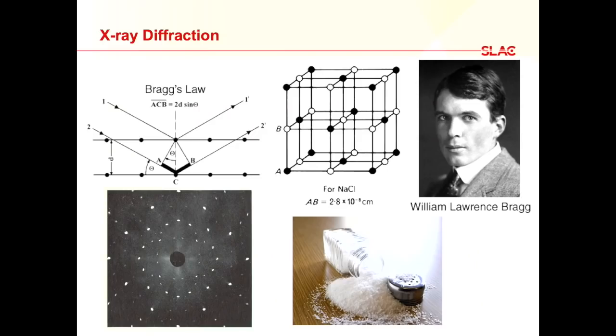So if you take this a step further and you have a real material, in this case table salt, that we're all familiar with. Sodium chloride is the chemical composition of table salt, where atoms of sodium and chloride are alternating in a regular pattern. We call this a crystal. And so if you have a crystal with a regular pattern like this, when the light gets diffracted off this crystal, it will create intense spots at very well-defined periodic positions.